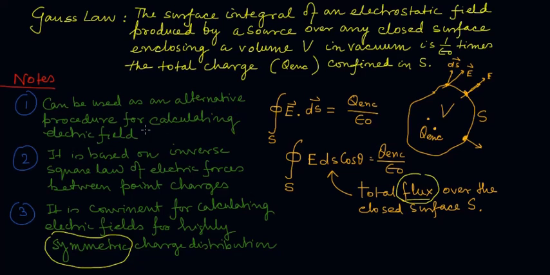It can be used as an alternative method in calculating the electric field. This we shall do. We can find the Coulomb field using Gauss law, and this is based on the inverse square law. That means if the Coulomb field is true, the Gauss law will be true, and also we will need highly symmetric surfaces to find these integrals E dot ds, right? So let me go into the Gauss law in my next lecture.